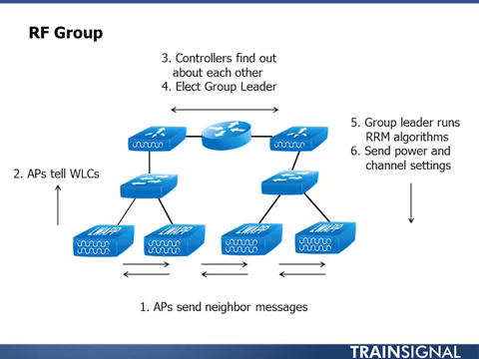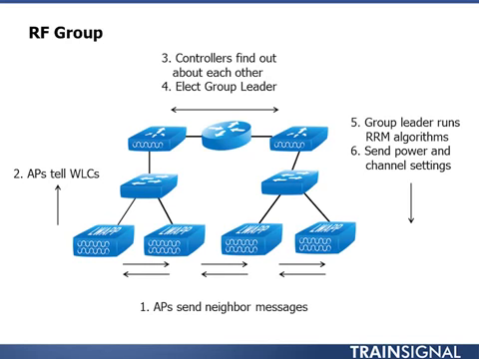The wireless LAN controllers then elect one of these controllers to be the group leader. This is something you cannot actually configure. It's actually dynamically selected. And that's the wireless LAN controller that's then going to run all of the RRM algorithms. So step 5, it churns through the algorithm from the information gathered from all of the access points in the RF group.